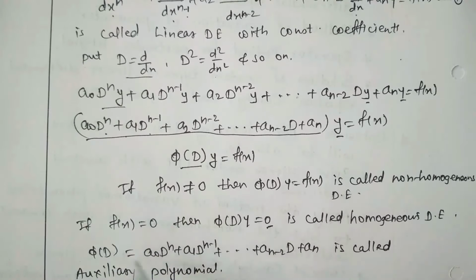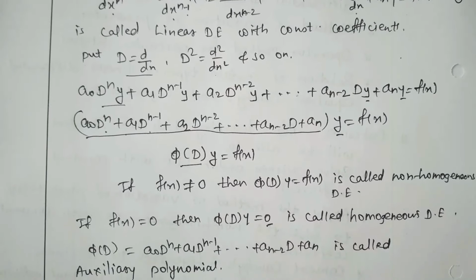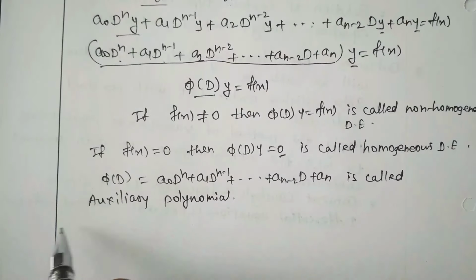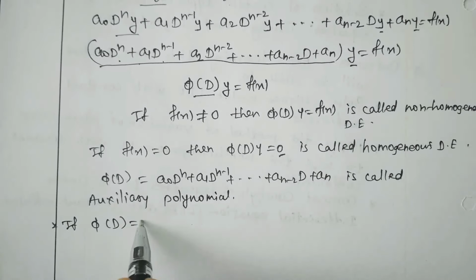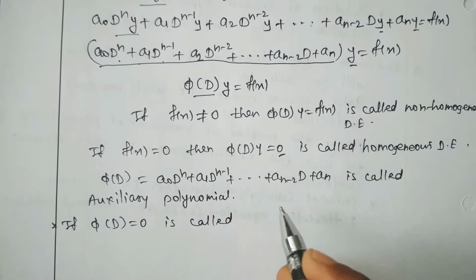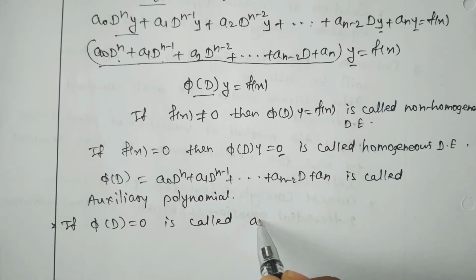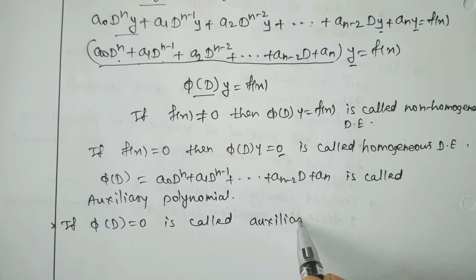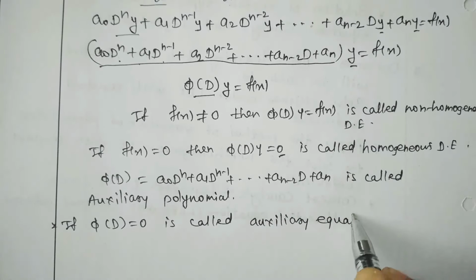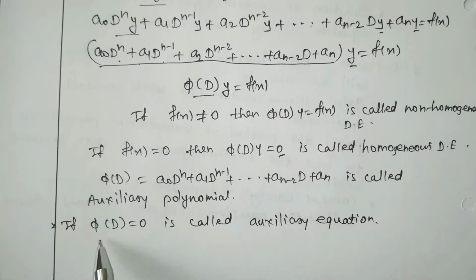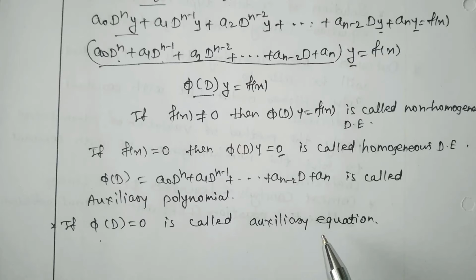If phi of D is equal to 0, then this equation is called the auxiliary equation.